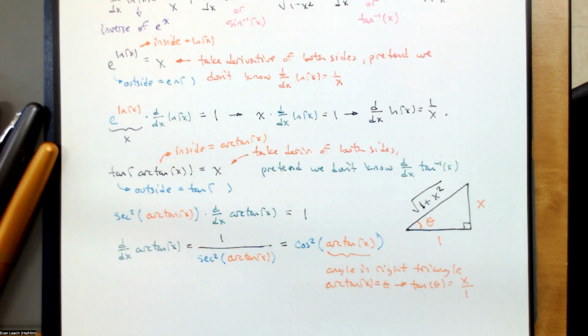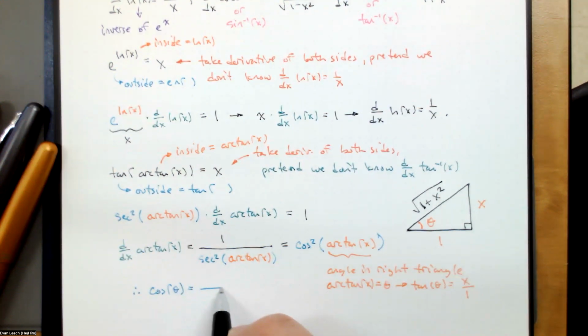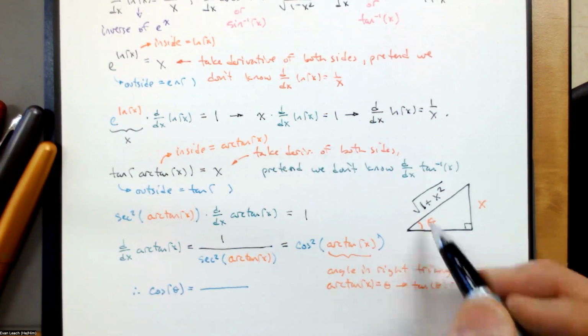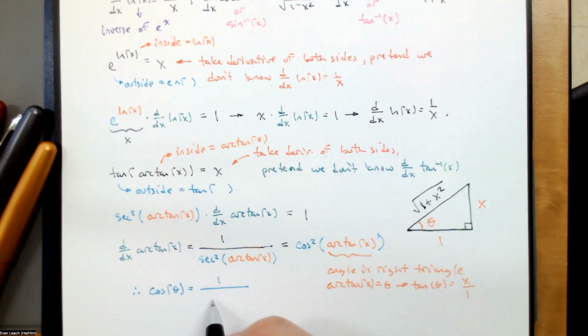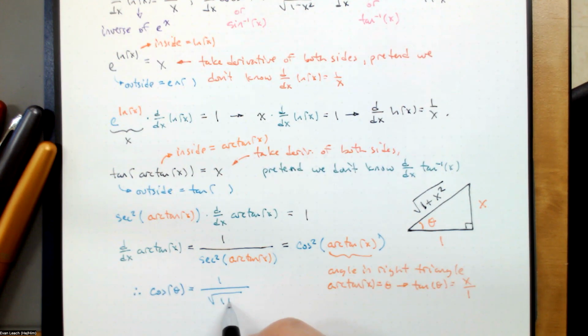And now I can write an expression for the cosine. Cosine of theta is therefore adjacent over hypotenuse, 1 over the square root of 1 plus x squared. Therefore, the cosine squared is 1 over 1 plus x squared.